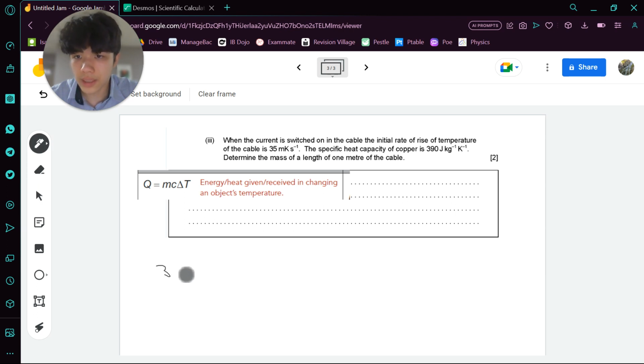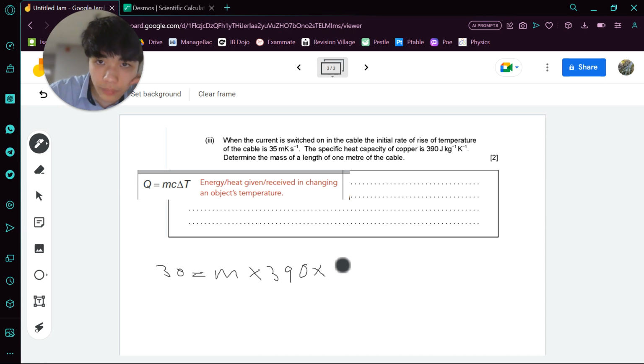So 30 is equal to mass times specific heat capacity, which is 390, times delta T, which is 35 millikelvin per second, so 35 times 10 to the power of negative 3.